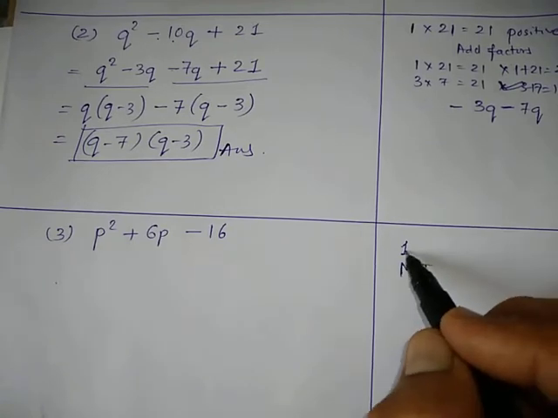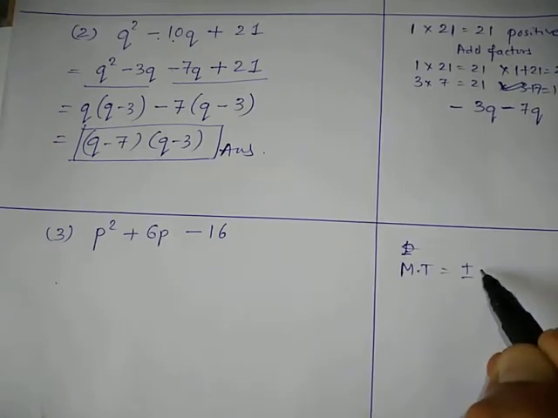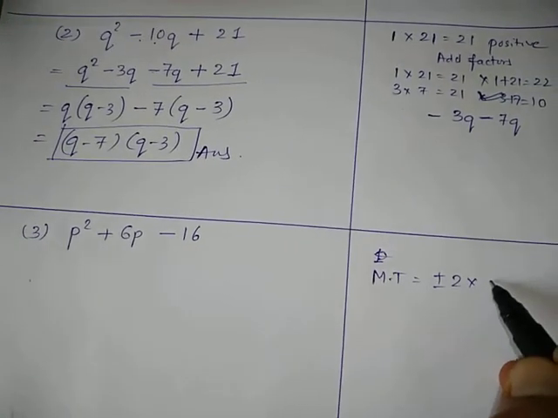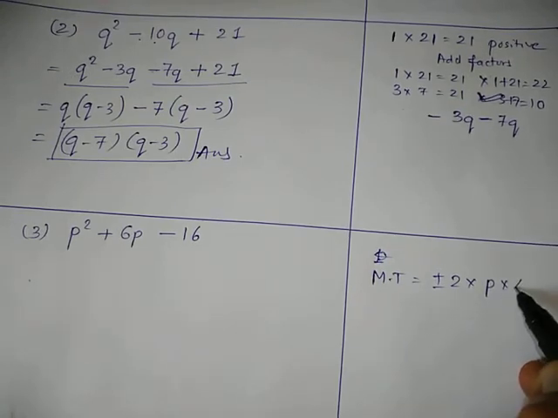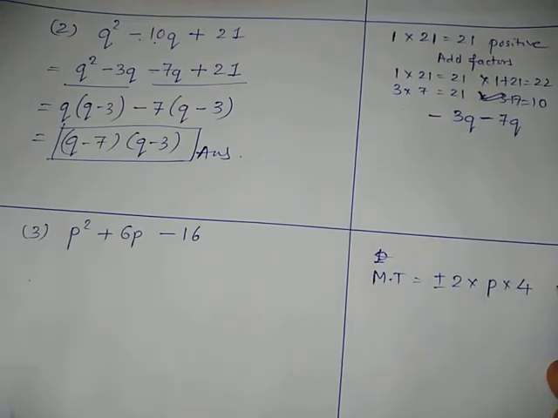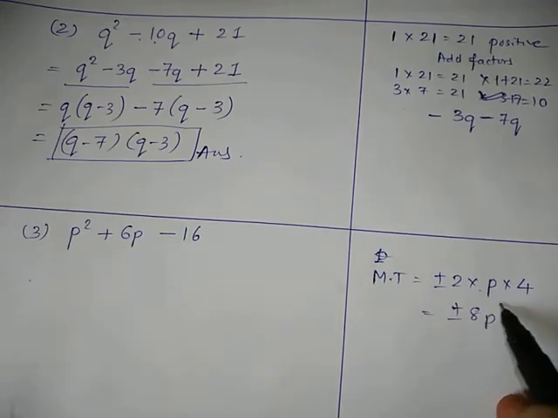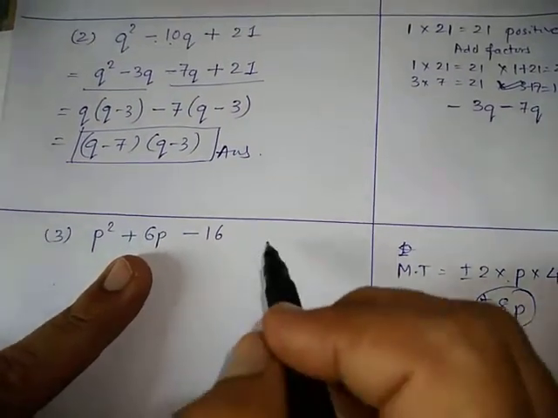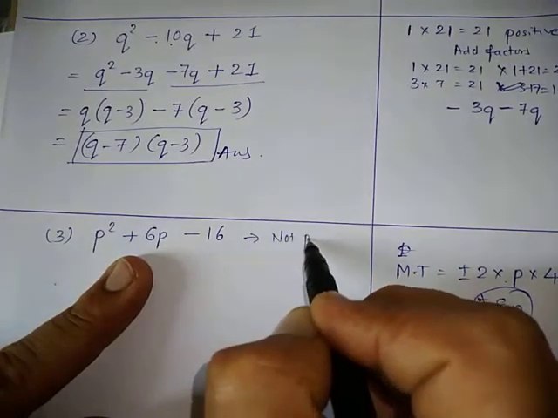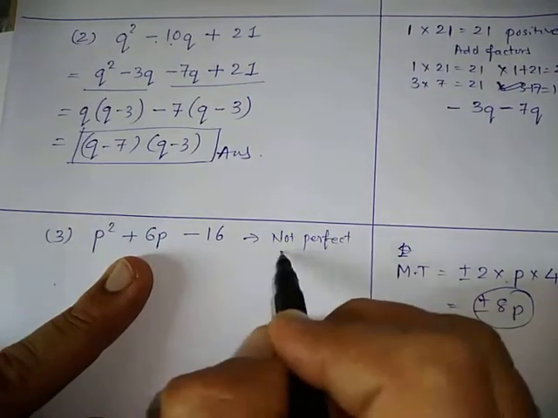The middle term should be plus or minus 2 multiplied by root of the first term, p, and root of the last term, 4. So it should be plus or minus 8p, but here it is 6p, that's why it's not a perfect square trinomial.